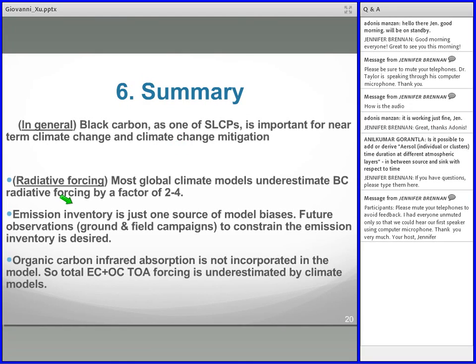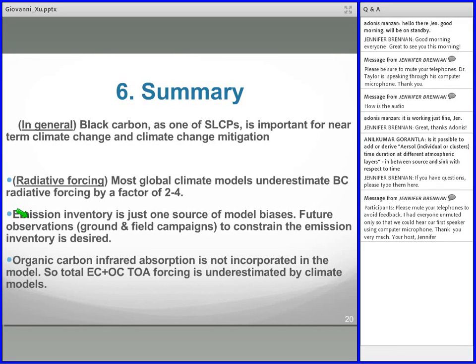However, most of the global climate models that are used for century-long climate change simulation, for example, under the IPCC framework, have underestimated the black carbon radiative forcing. And we conclude, based on our study, that the emission inventory used in the model can be one source of biases.